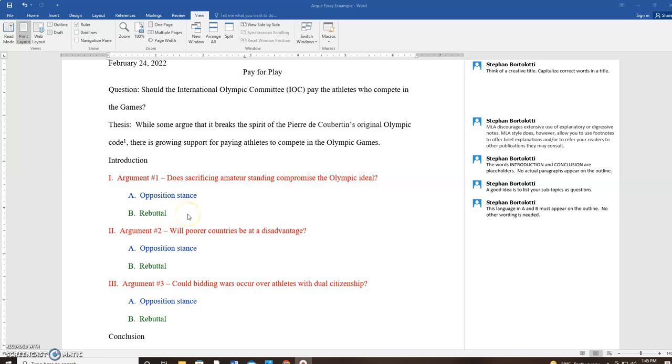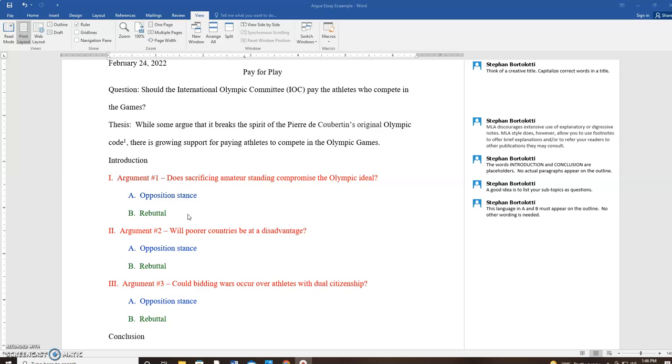Okay, so what is the difference between an argument essay and a persuasive essay? In a persuasive essay, you defended one side of a question. In the argument essay, you have to mention the opposition's side, and you have to attack the opposition with logic and reason, and that's how you win the argument.